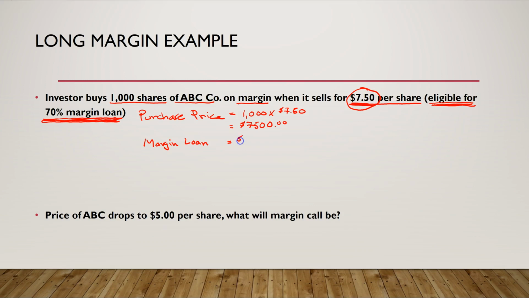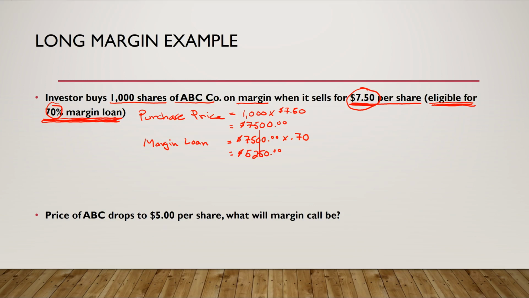Well, if the purchase price is $7,500 and we've just said that the eligible margin loan is 70%, we can multiply this by 0.70, and this is going to give us a loan to purchase this asset for $5,250.